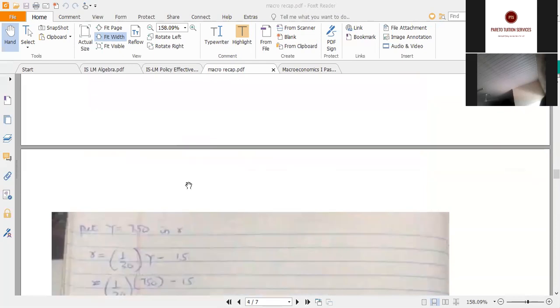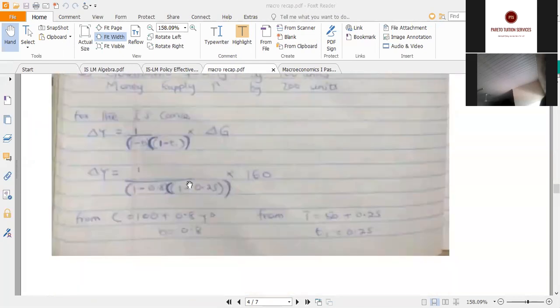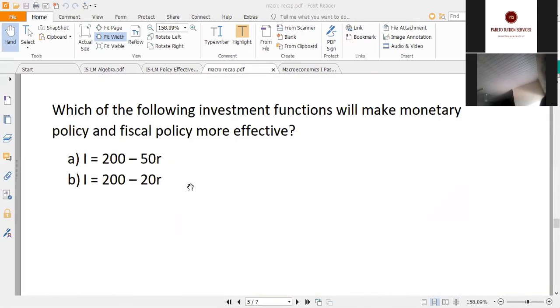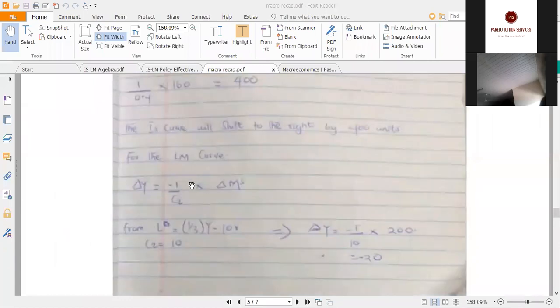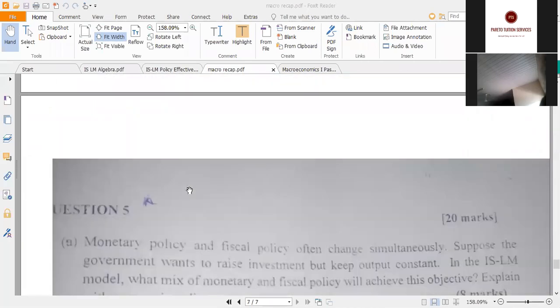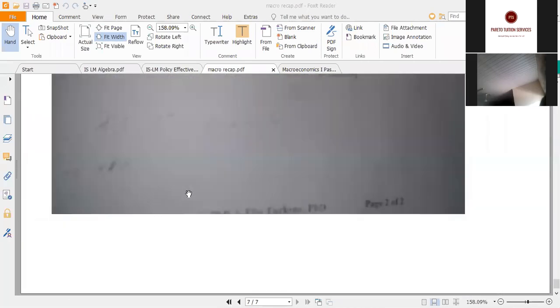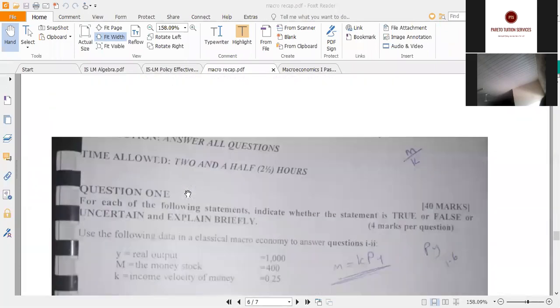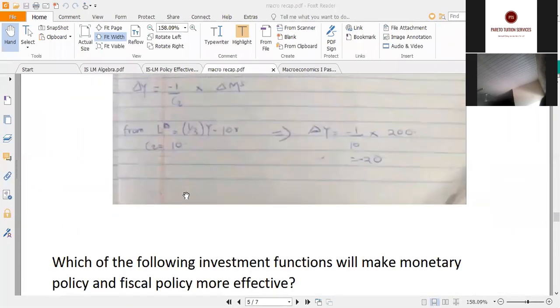So let's look at the new IS curve. I didn't do that one, but it doesn't matter. Let's just do it here.